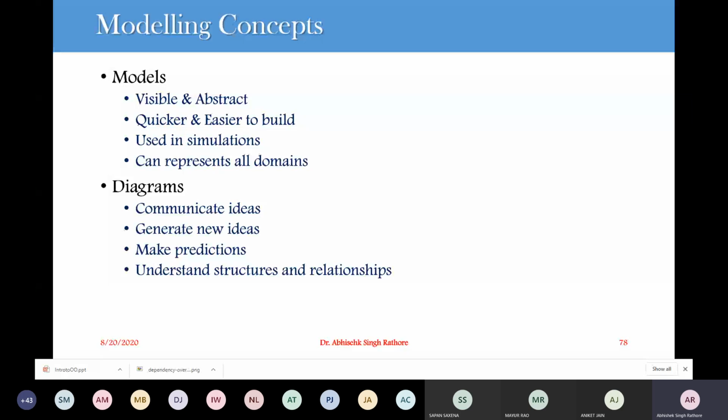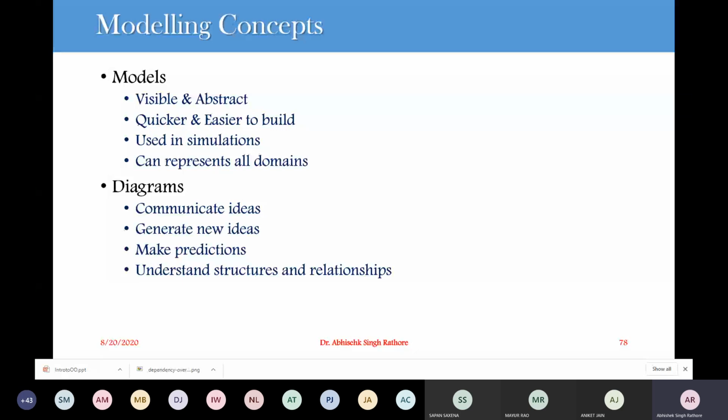For our purposes, a diagram is just a layout and visualization of different modeling elements, as described in UML. These models communicate ideas to others, help generate new ideas, help make predictions, help test our ideas, and help understand the structure and the relationships available.